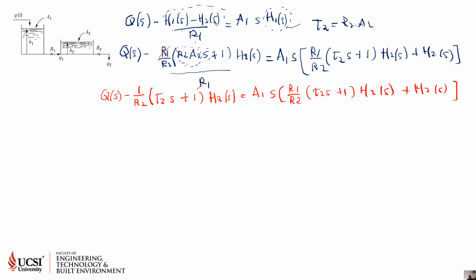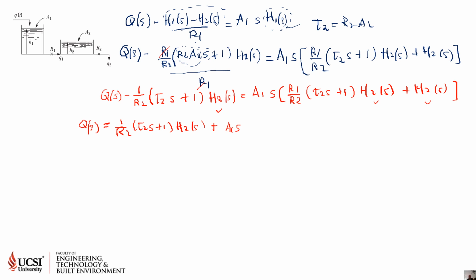So what we want to see here is we try to write Qs in terms of everything here, and we see we have H2s here, we have H2s, we have H2s, right? So I can write this in the form of Qs equals to this one. I move to right hand side, so it become 1 over R2 tau 2s plus 1 H2s, the first term for H2s, plus A1s.